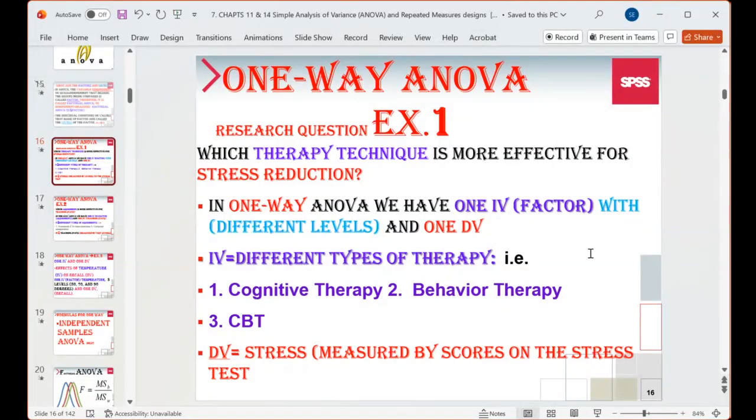In ANOVA, we always have one DV. But in ANOVA, our IV always have levels. That's how it distinguishes itself from t-test. Because t-test is just two groups.